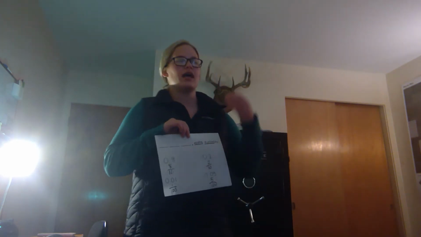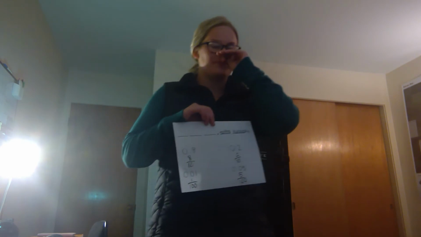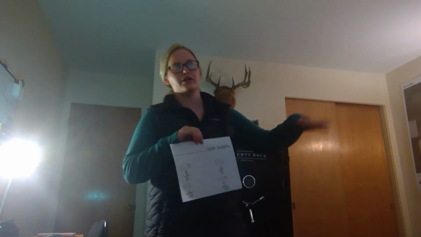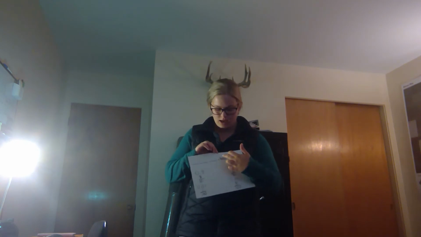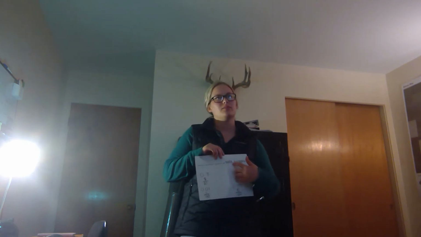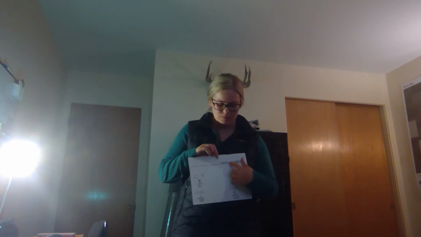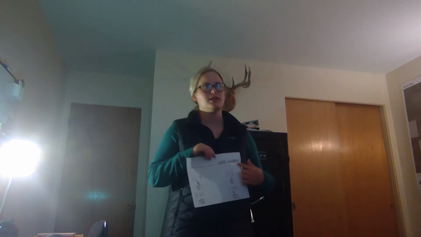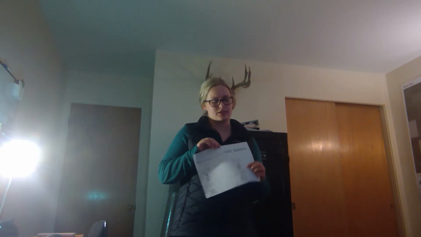If the number is two places to the right of the decimal point, it's hundredths. There are more places and values, but we are just focusing on tenths and hundredths for now, okay? One place to the right, tenths. Two places, hundredths.